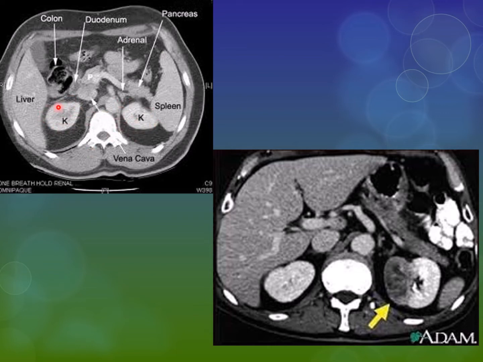They're not exactly the same shape because one is actually lower than the other, so you're not seeing picture perfect mirror images, but they look perfectly normal. They are supposed to look a little bit lighter in color in the center because that's where the collecting system would be, whereas this outer portion where the cortex is, they would look a little darker. So those look perfectly wonderful.